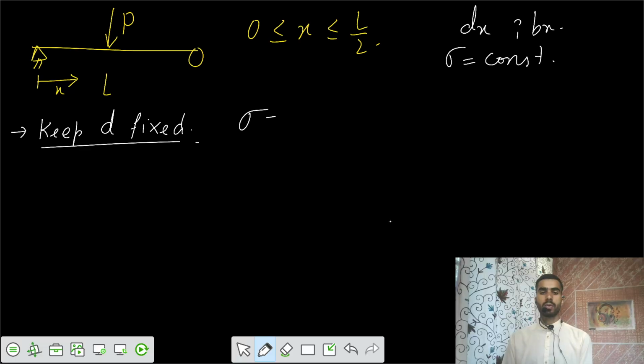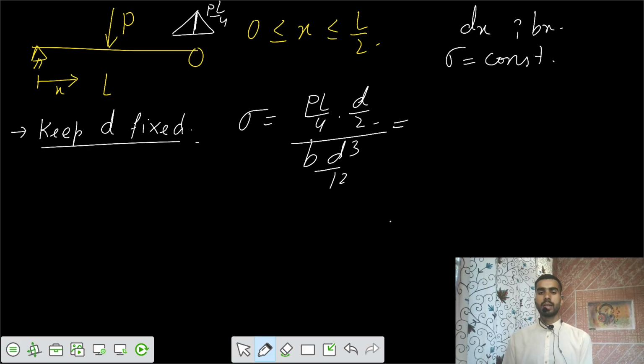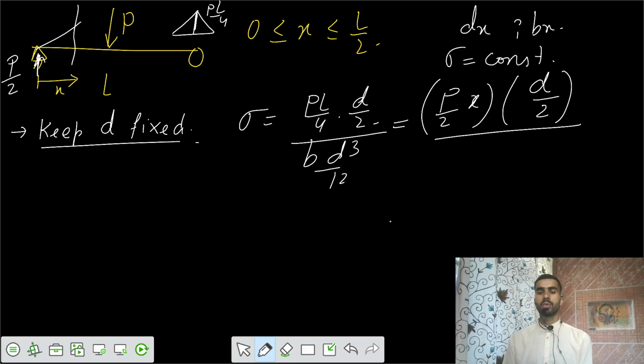So sigma equals what? What's the maximum bending moment we can have? PL by 4, and the maximum distance from the neutral axis is d by 2, and I is b d cubed by 12. That equals the moment at any x, which is P by 2 into x, with d by 2 as the depth, since d is kept fixed, and b varying, b(x) d cubed by 12.